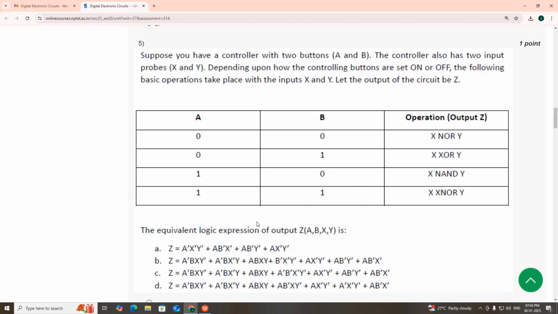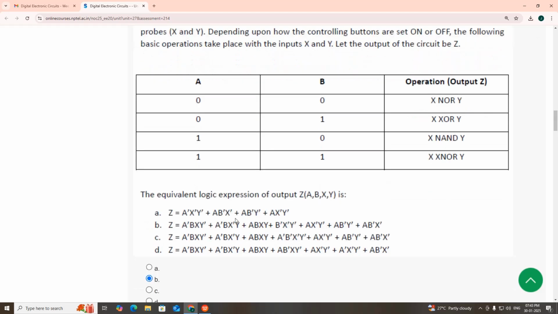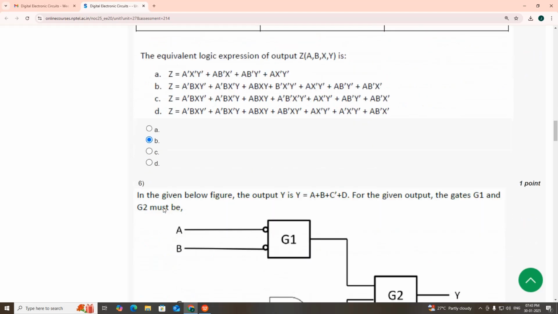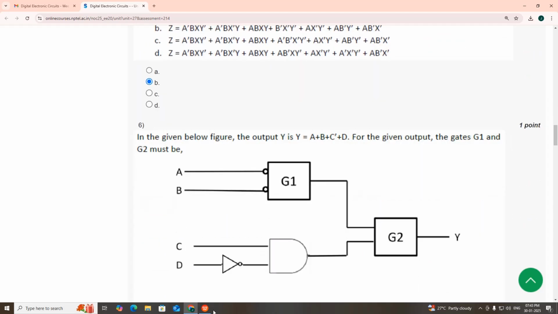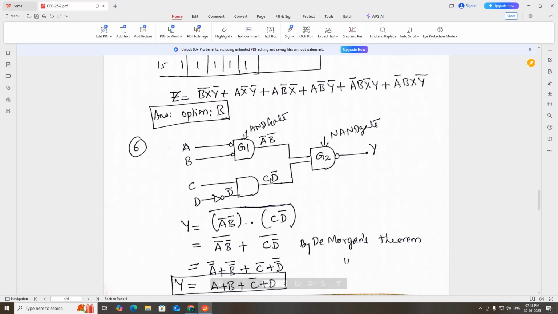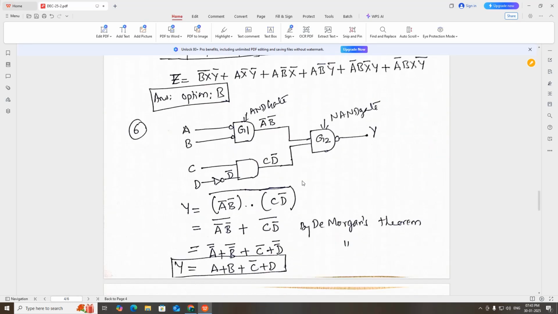Then coming to the sixth one. So the sixth question, I think I am taking too much time. What I am trying to do is a trial and error method.